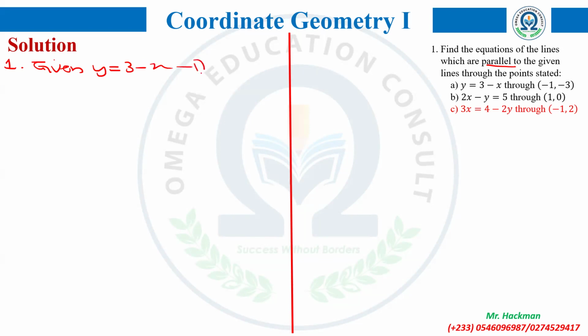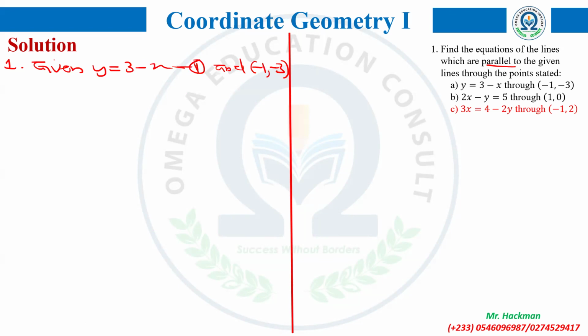Label this as equation 1. And we are given a point. The point is minus 1, minus 3. The reason why you label that equation 1 is that you need it to extract the gradient. Is my point well made?